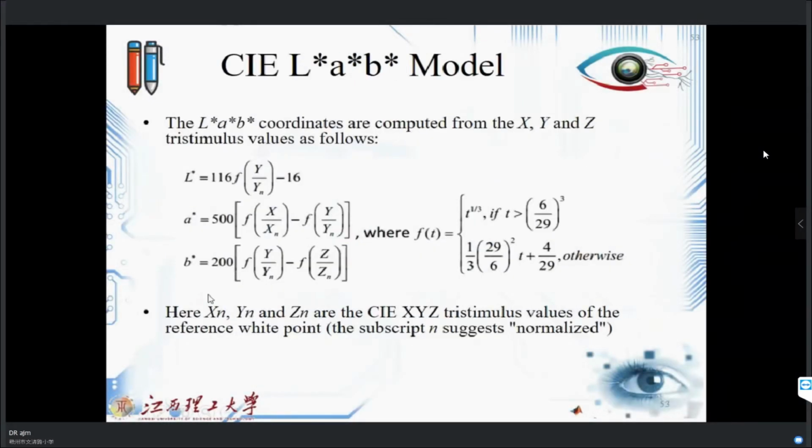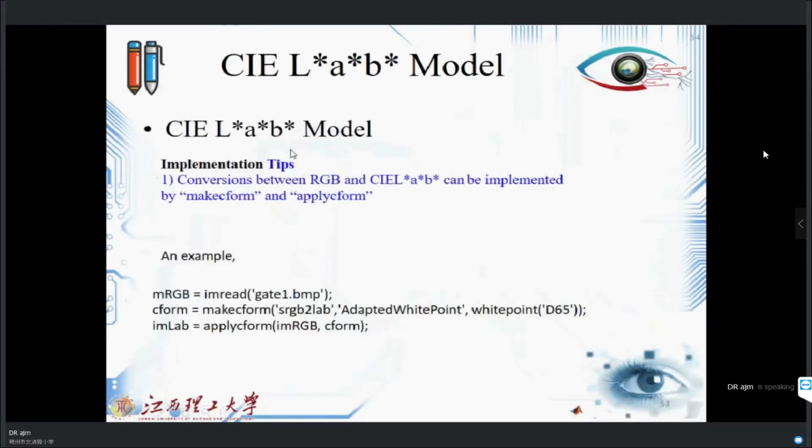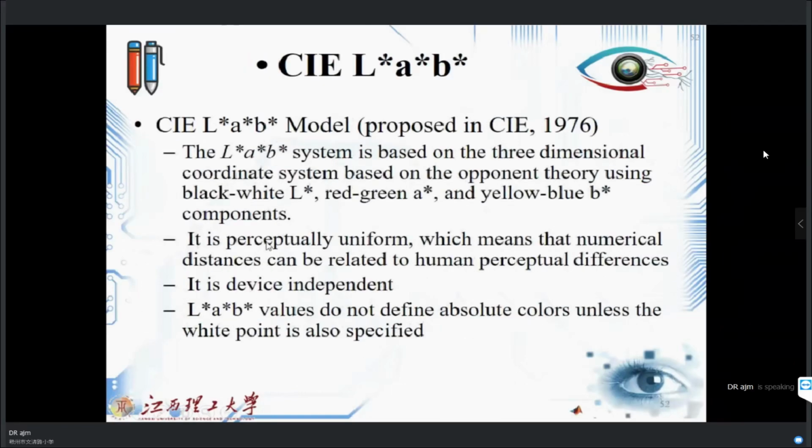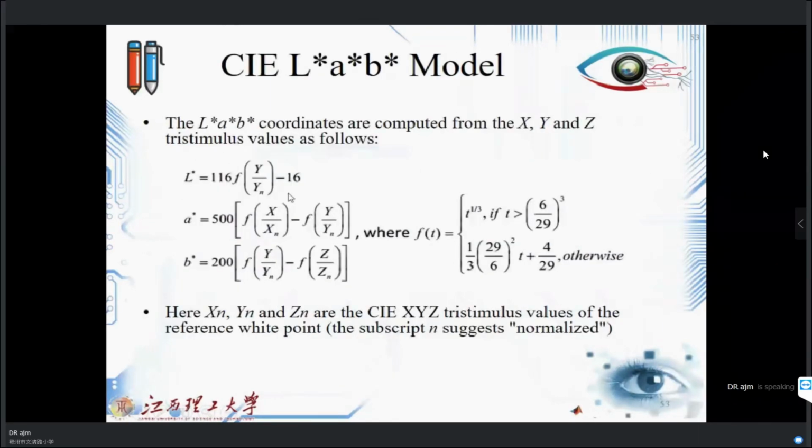Next, the coordinates for this model are based on the formula below, in which the coordinates are computed from X, Y, and Z values.